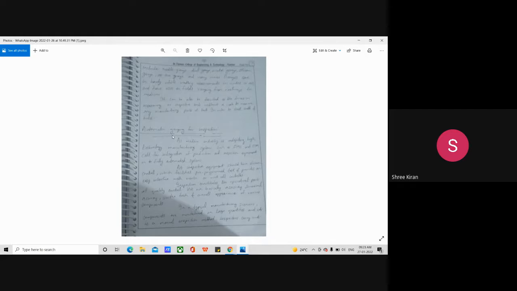Then the inspection constitutes the operational part of the quality control. In the case of automated inspection, the inspection mainly constitutes the operational part of the quality control.